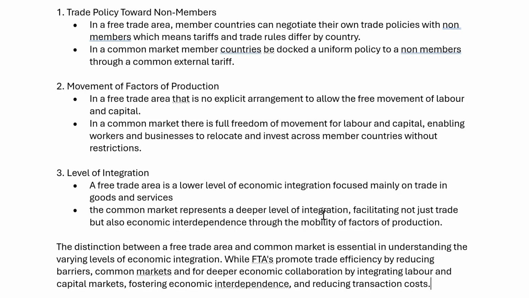Okay, and so lastly, we're going to finish off with some real-world examples. In terms of examples, I can think of a couple, these being the North American Free Trade Agreement, commonly referred to as NAFTA, and the European Union, commonly referred to as the EU.